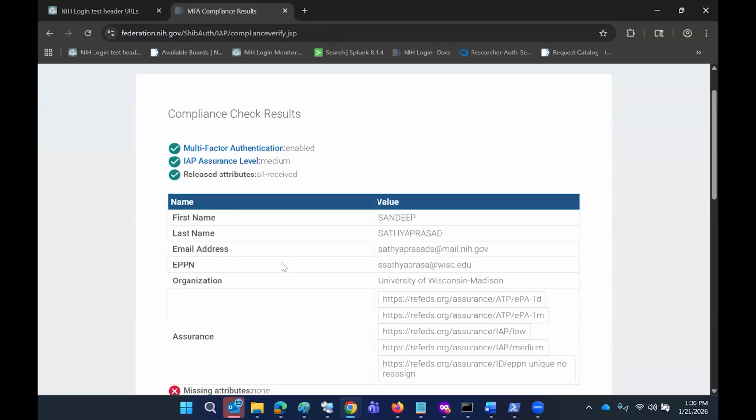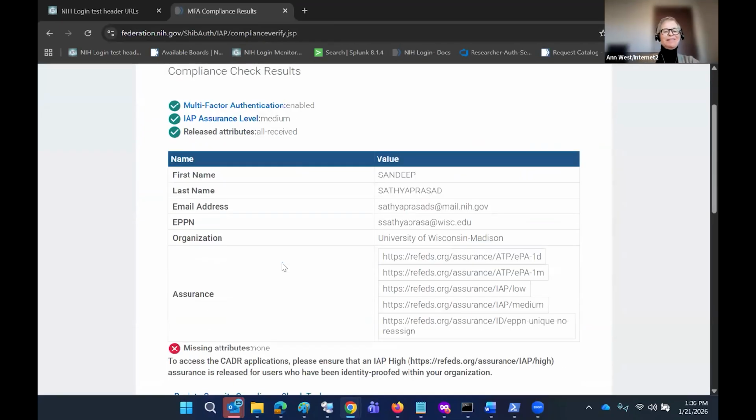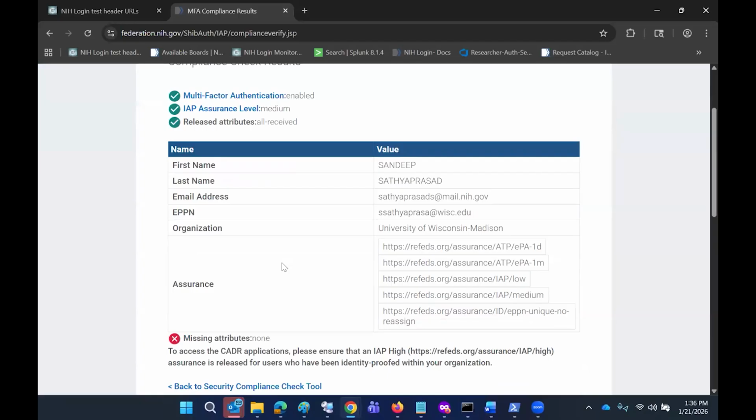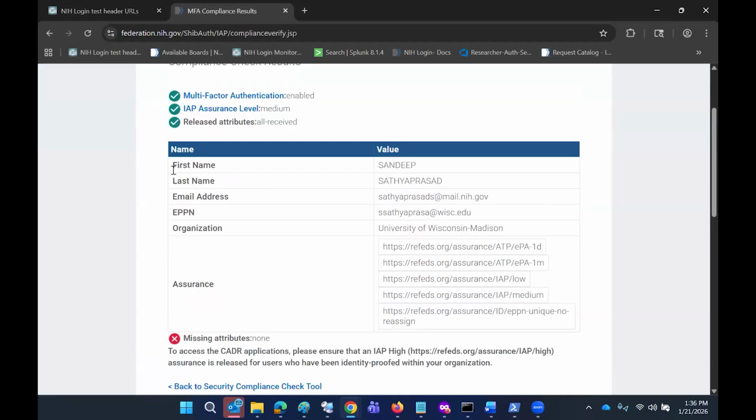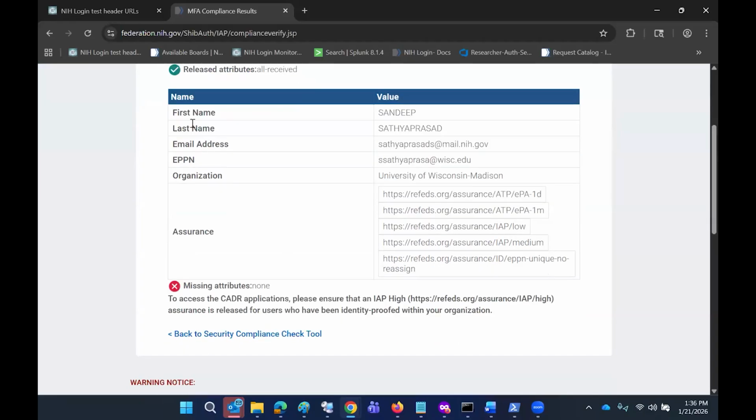There we go. So I had a session, so it logged me in. Actually, I would go through a multi-factor authentication, which I would get as a prompt on my phone. And these are the list of attributes which the IDP released for my particular login. Usually we mandate first name, last name, email address, and EPPN.